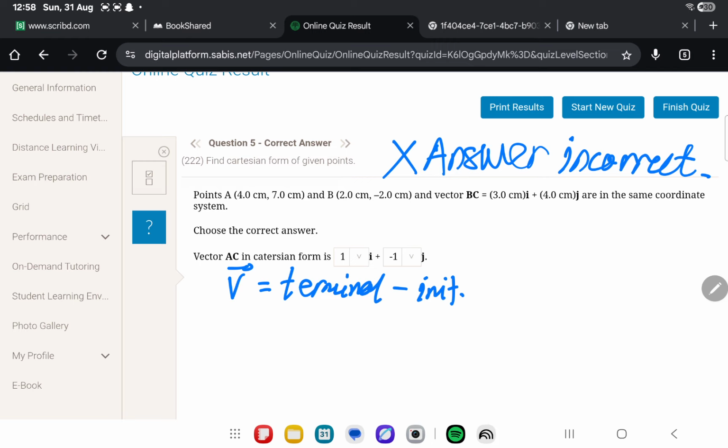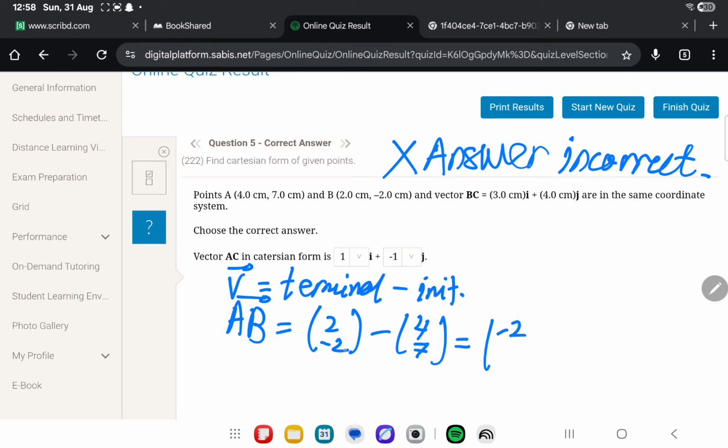Okay, so AB is going to equal the terminal, which is B, minus A, so (2, -2) minus (4, 7). 2 minus 4 is negative 2, negative 2 minus 7 is negative 9.